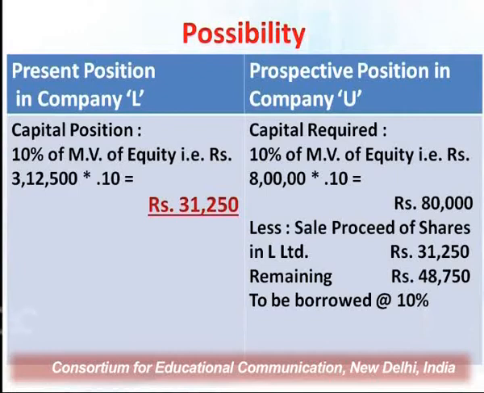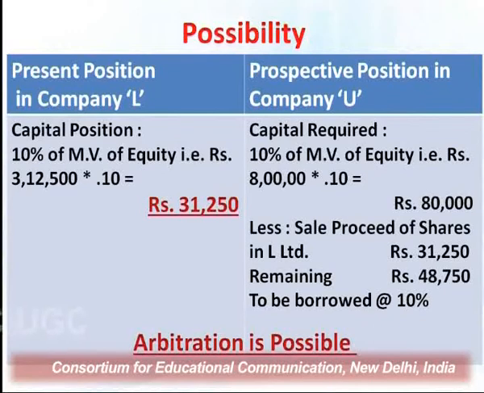Now the question comes, what should be the rate? My dear students, it is very simple. We can take the rate of debt given in the question itself, which is 10% for debentures. So we assume the loan can be taken at 10%, which means that by this decision of borrowing from the bank, we have ensured that arbitrage is possible.